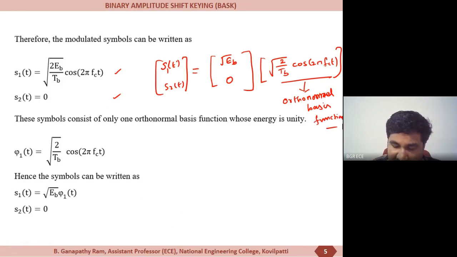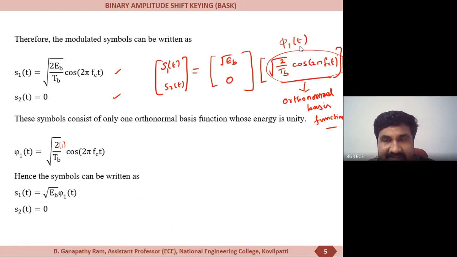An orthonormal basis function has unit energy. That is why the energy is 1 here. So this can be represented as phi1 of t, since it has only one function.